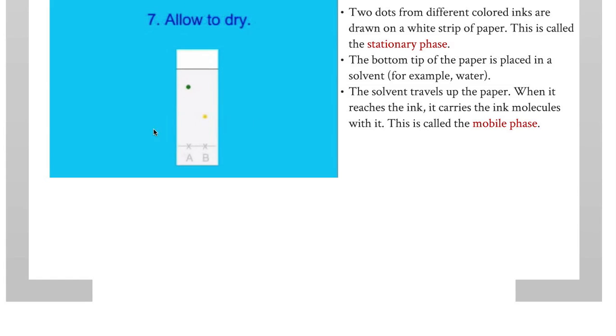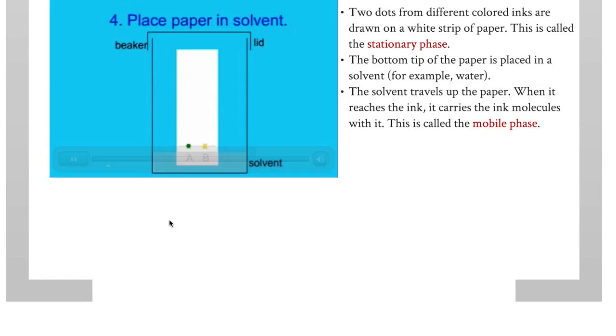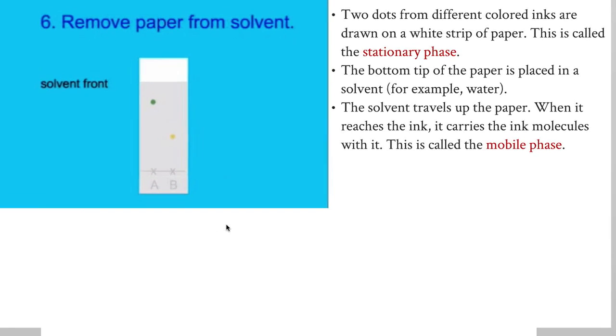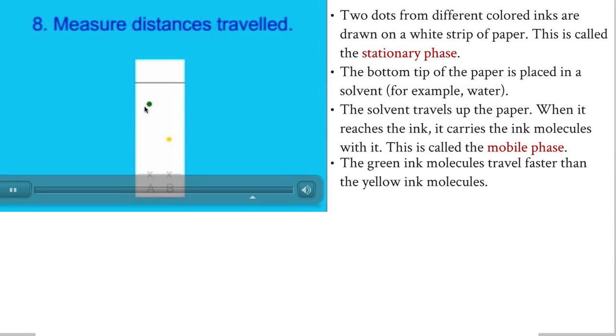So that's called the mobile phase. Let's look at that again. Watch as the solvent travels up, the water travels up, that's the mobile phase. The green ink molecules traveled faster than the yellow ink molecules, and that's why it got farther.